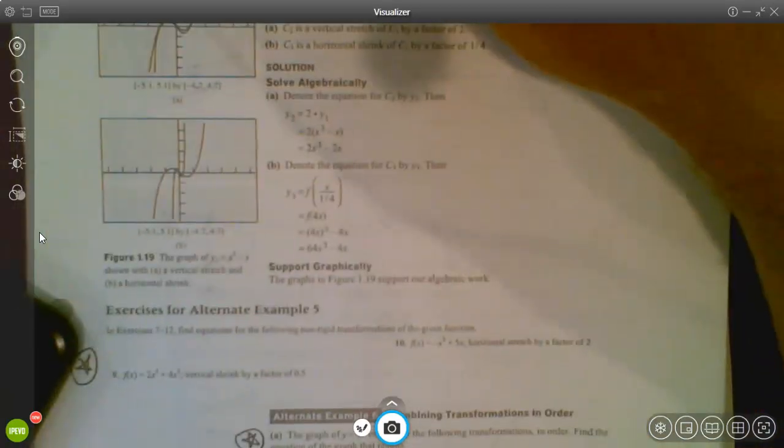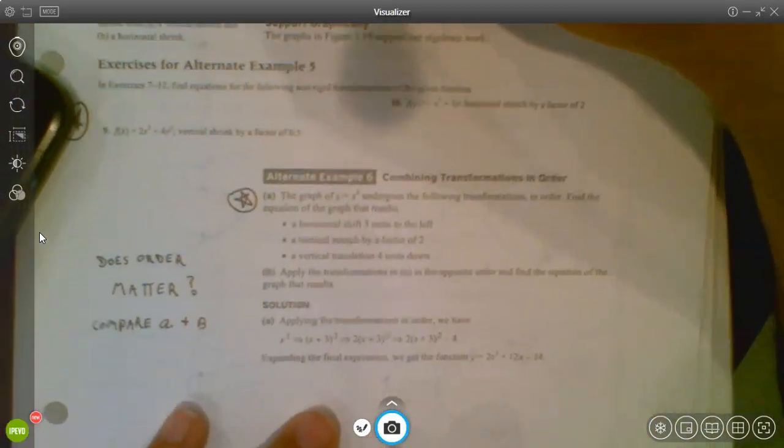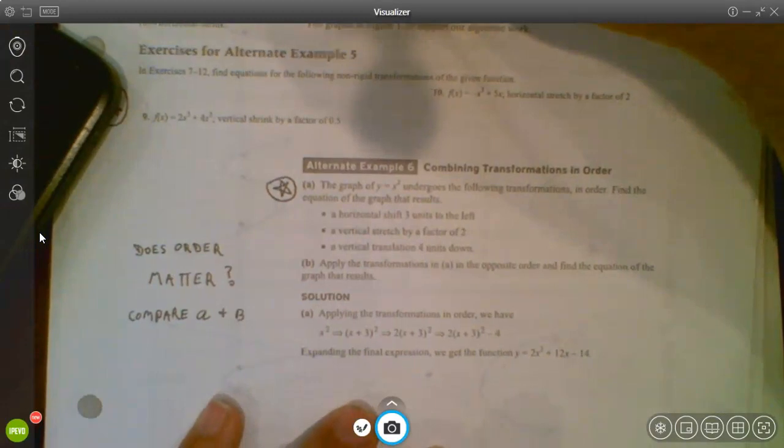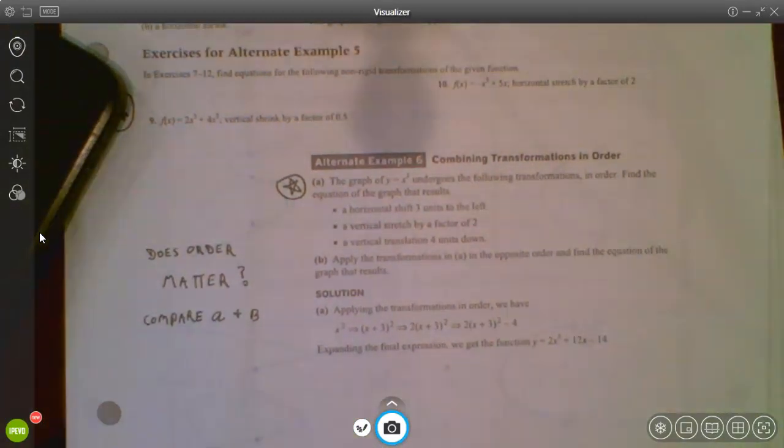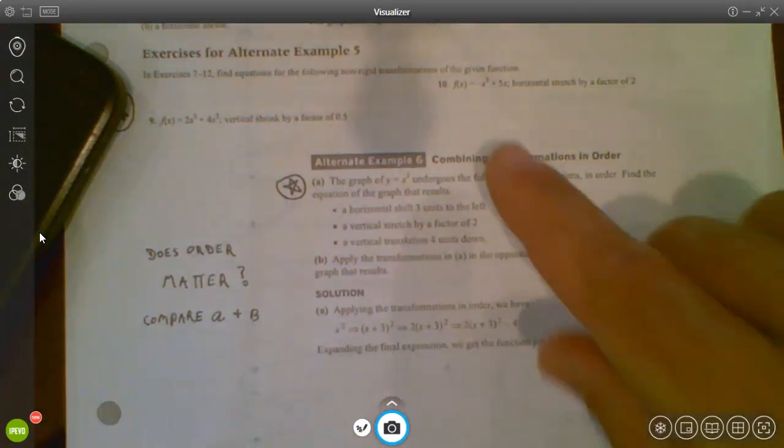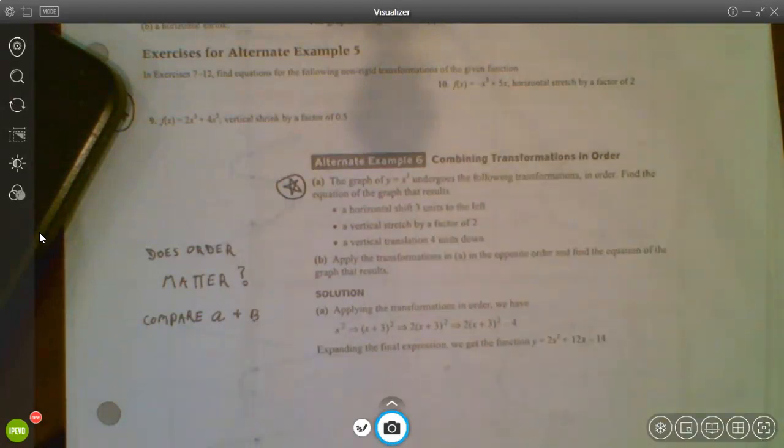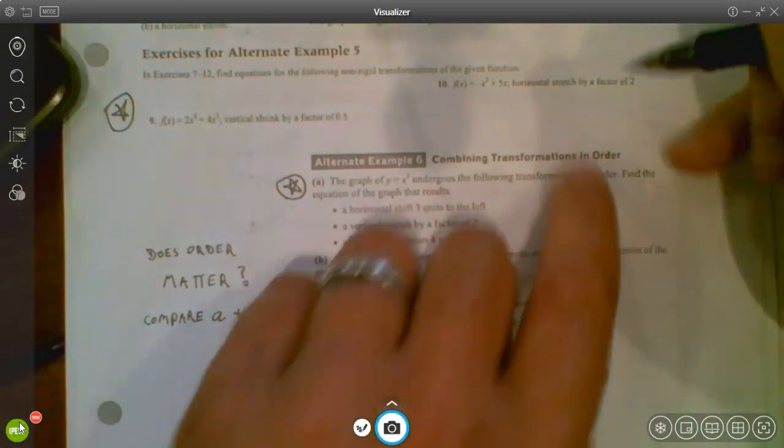So let's try some of those on our own here. Always a good place to pause and try this ahead of me, if you would like. But let's get a little practice. This one says negative x to the third plus 5x. We're going to do a horizontal stretch by a factor of 2. So remember the horizontal stuff.